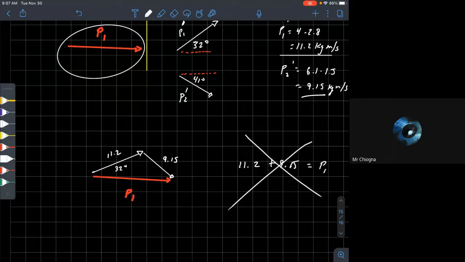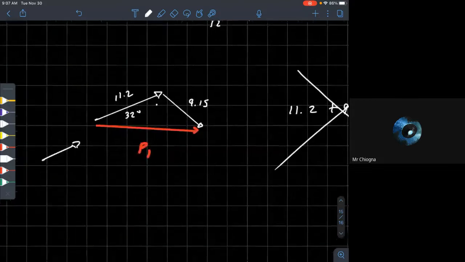That's wrong. Why? Because these are not parallel. These form a triangle. So different math, and it's not even a right angle. This is not a right angle there. You could show that if you want, but it's not. Trust me on that.